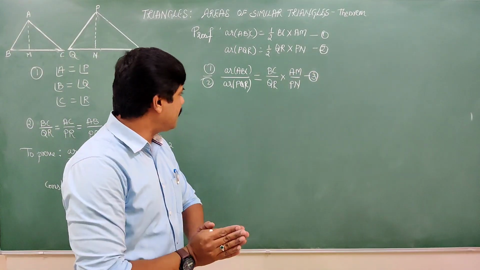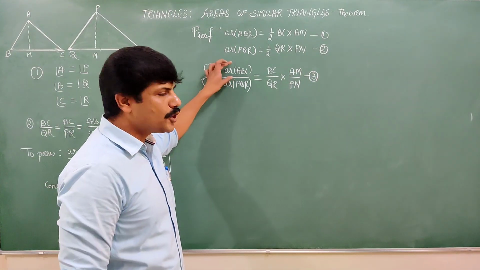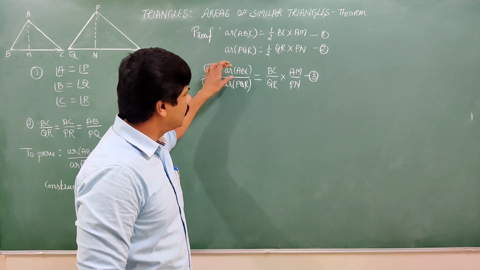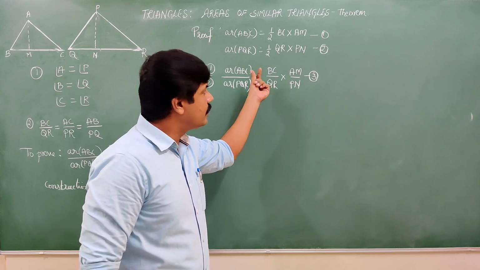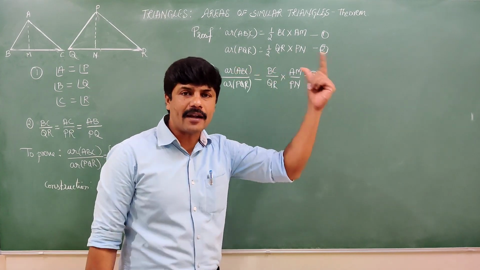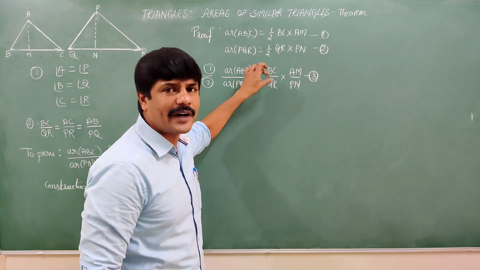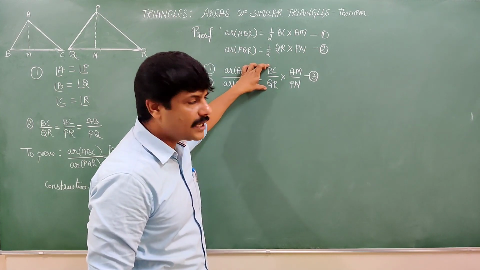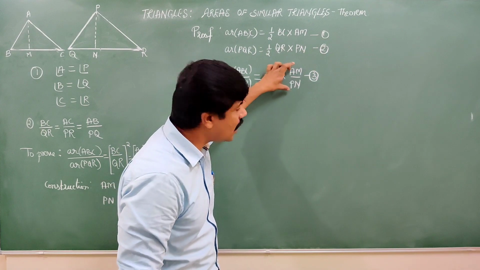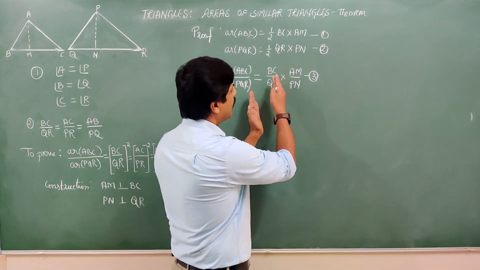Now, by the statement, the ratio of the areas of two triangles is equal to the square of the ratio of corresponding sides. BC by QR, these are the corresponding sides. One more BC by QR, we will get BC by QR whole square.